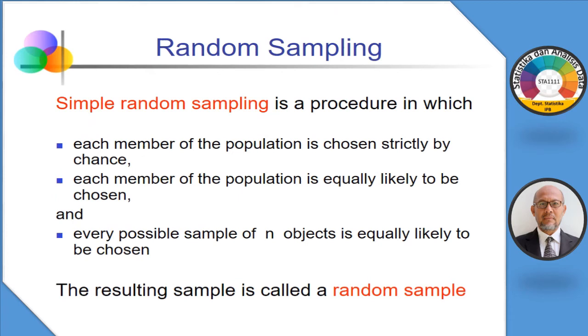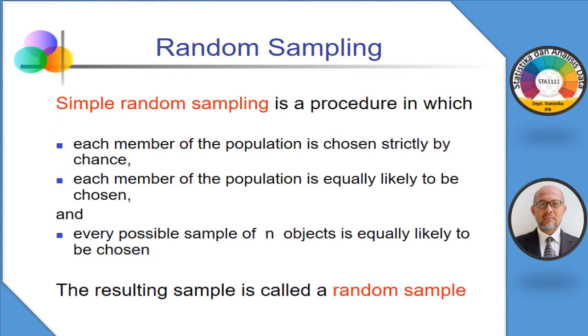There are many procedures or methods to choose a sample from a population. In this slide, we just talk about random sampling. Simple random sampling is defined as a procedure in which each member of the population is chosen strictly by chance.